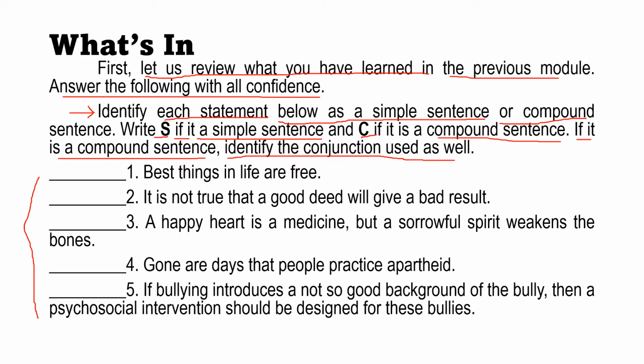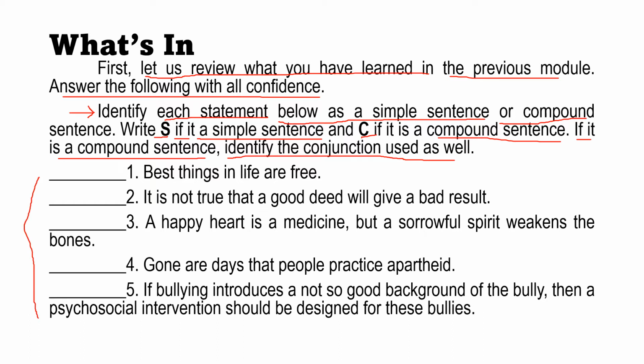A compound sentence, on the other hand, contains more than one. Put another way, a simple sentence contains a subject and a predicate, but a compound sentence contains more than one subject and more than one predicate.